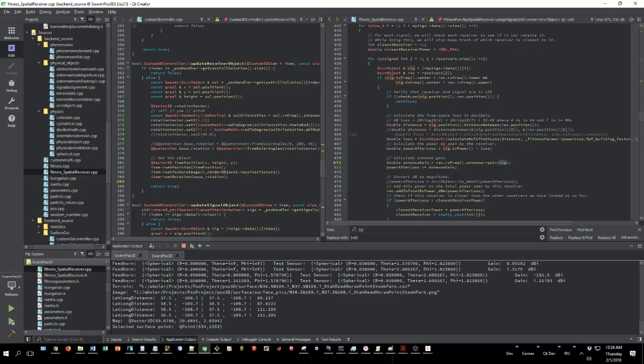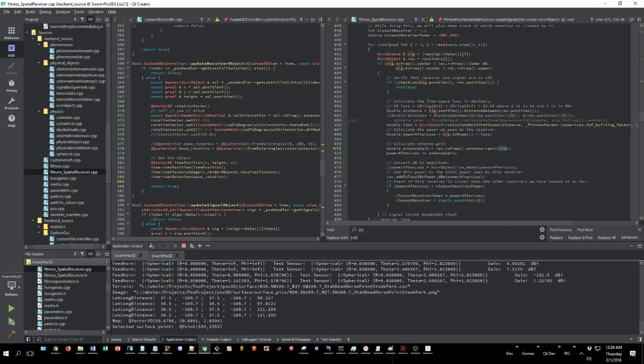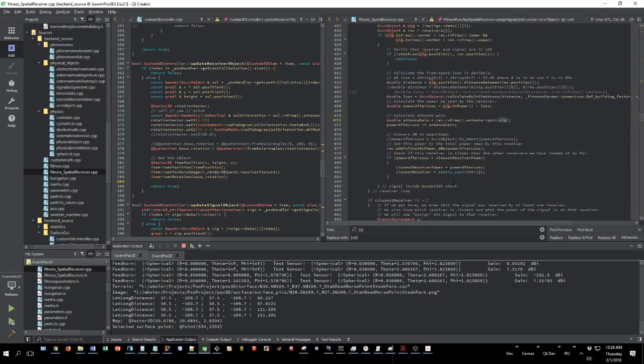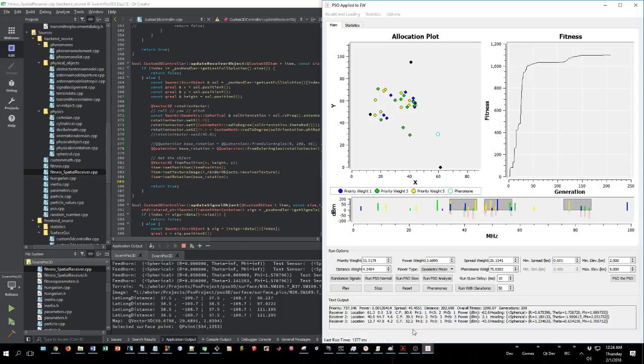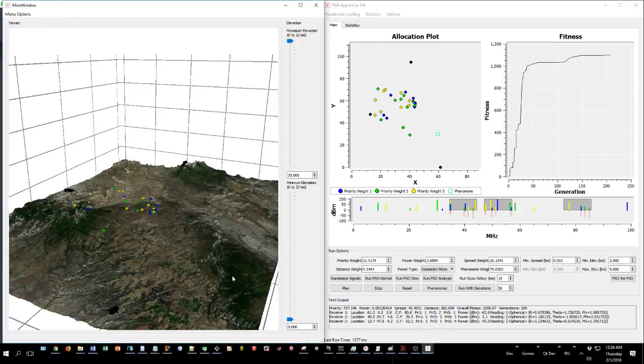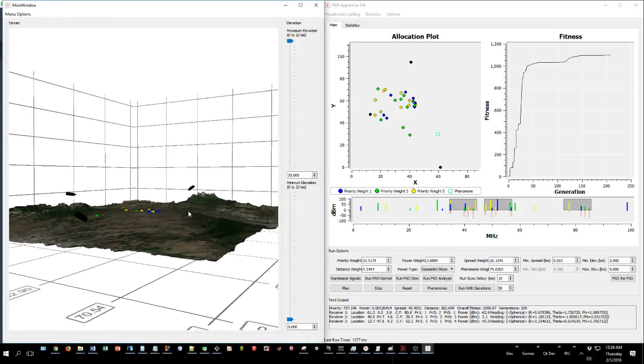So that we have X and Y, it does some sort of geometric mean between the two and gets the antenna gain that way. So that's applied, and then we do the rest of the clearing out if there are any problems, stuff like that. So yeah, that's the project that we've been working on for the past couple of years, and that's the antenna model that I just added.